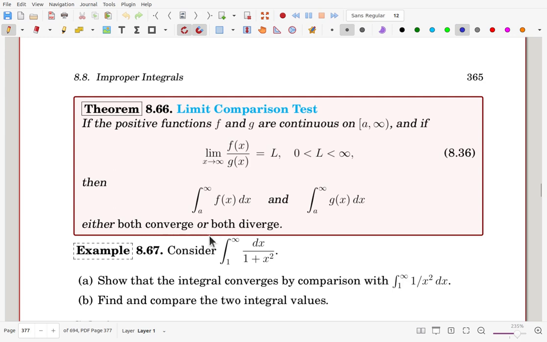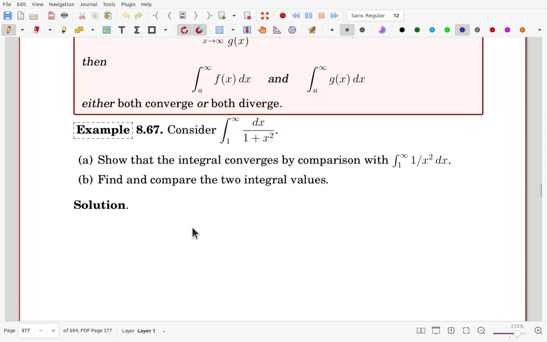That means that once one of them converges, the other one converges. And if one of them diverges, so does the other one. So both converge or both diverge.